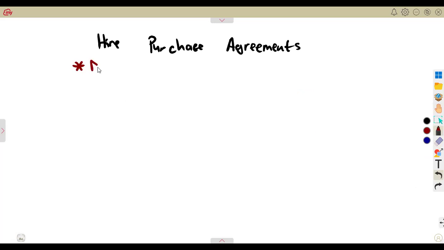So, like I said, there is a deposit that is going to be made, which is a percentage of the original price.